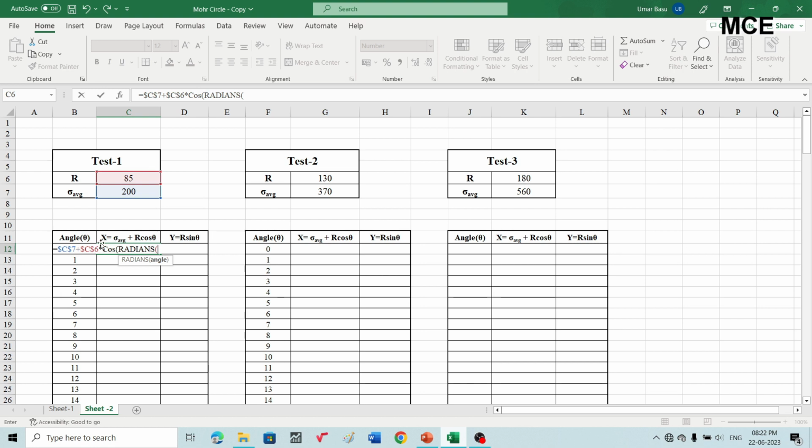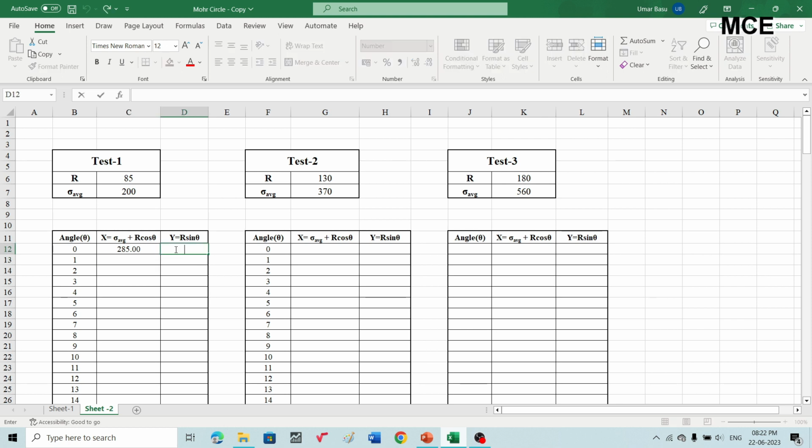Then you will select the first angle, which is 0 degree. This angle has a column row number of B12, so write B12 and then close the bracket and press enter, and you will get the x coordinate for the test first.